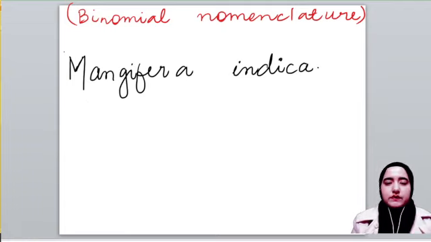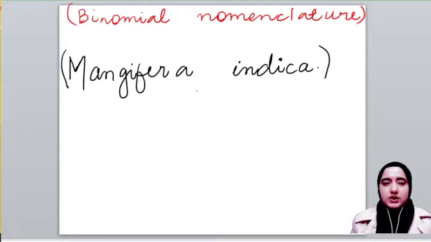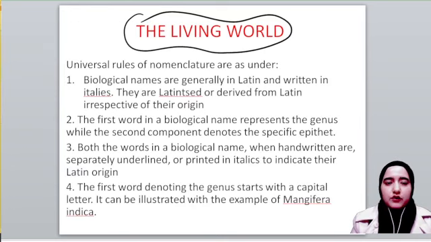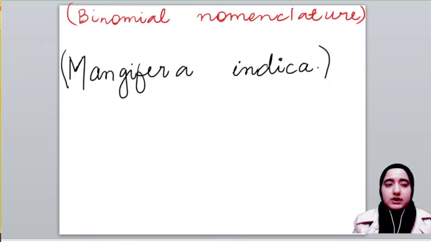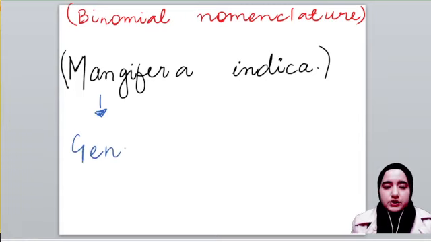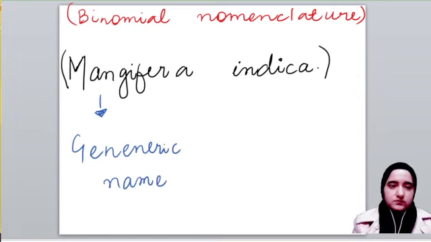Now in this video, we will learn the rules of writing binomial nomenclature or biological names. As I already mentioned, the first component of the biological name is the generic name, the name of the genus.